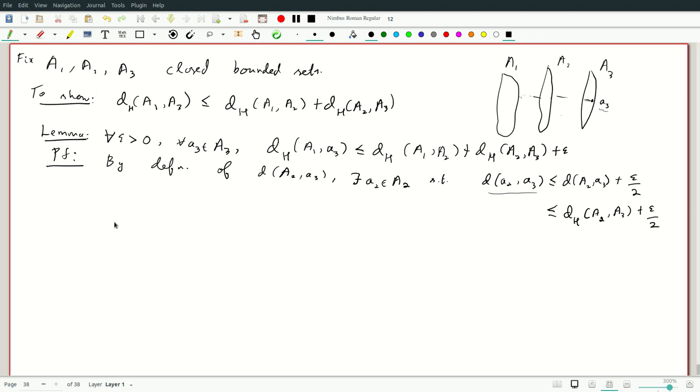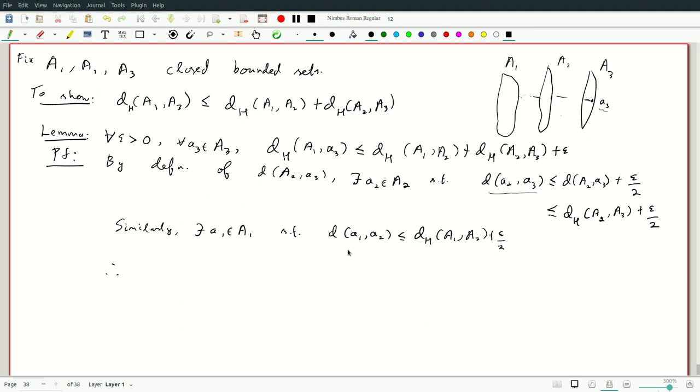Now similarly, we can have the same process with A1 and A2 instead, and starting with this point in A2, there exists A1 in A1 such that distance between A1 and A2 is less than or equal to the Hausdorff distance between these sets A1 A2 plus epsilon by 2.